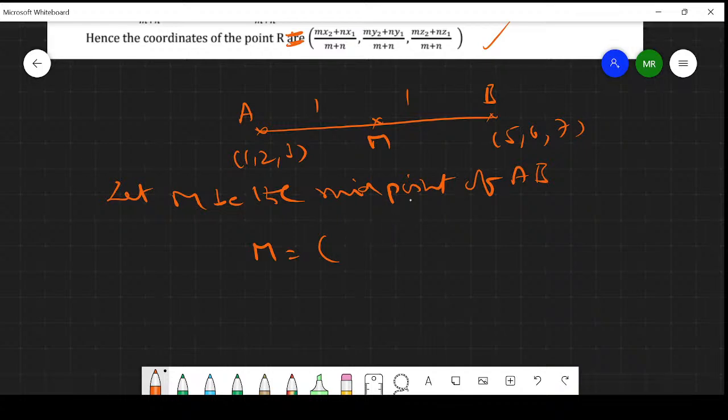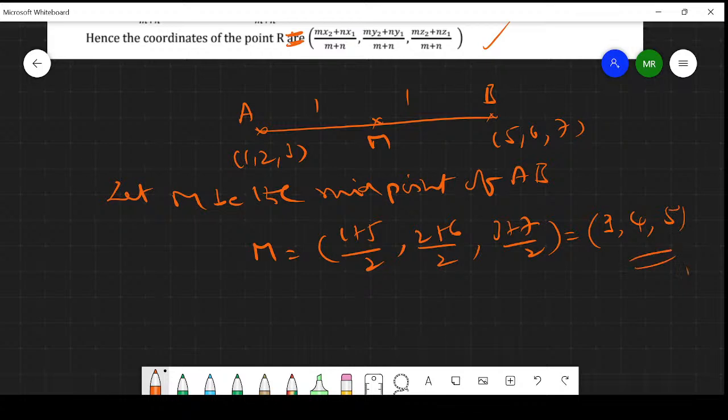Correct? Simply, directly, I can write (x1 + x2)/2, (1 + 5)/2, (2 + 6)/2, and (3 + 7)/2. Then you will get 6/2 = 3, 8/2 = 4, and 10/2 = 5. You will get this is the midpoint.